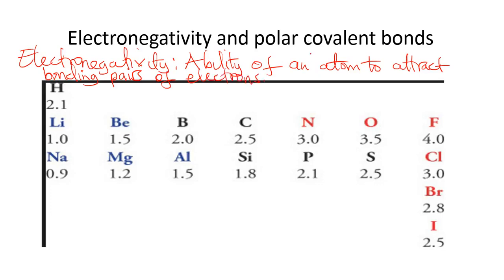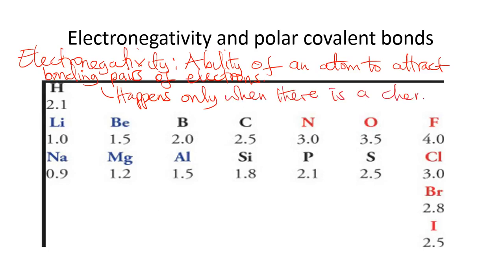So this happens only when there is a chemical bond. So that's why we say bonding pairs, when there is a chemical bond.